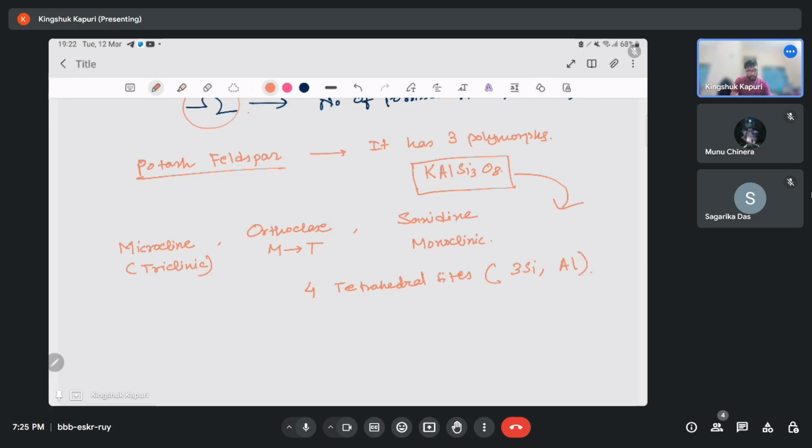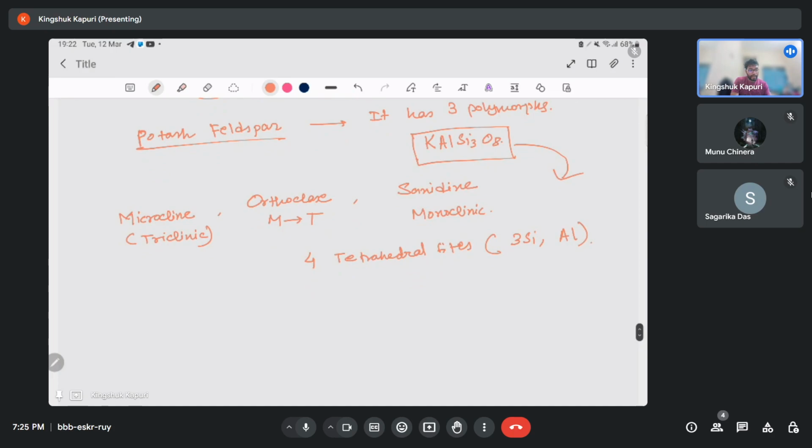Now, what I'm trying to convey through this example is this. Let's draw four sites. So these are four tetrahedral sites: one, two, three, four.